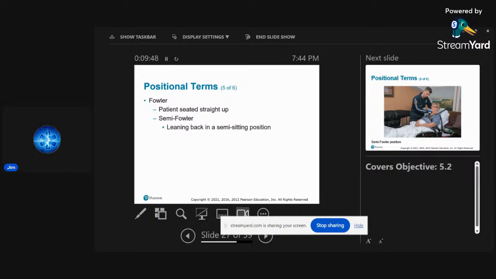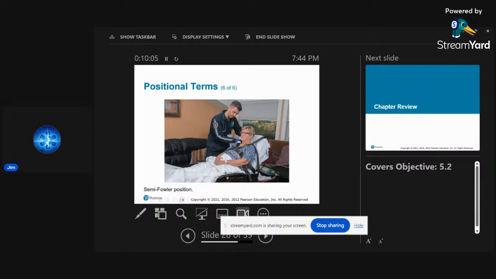If you have a C-spine involvement, they're going to be transported supine on a backboard. Whereas if it's non-C-spine involvement, if we don't worry about a head, neck, or back injury, we'll put them in a semi-Fowler's position usually. And there's a good picture of a semi-Fowler's position. And you see him secured with all the straps as well.